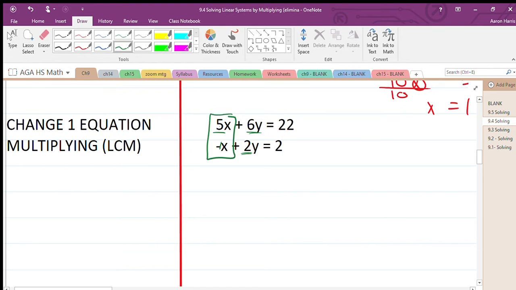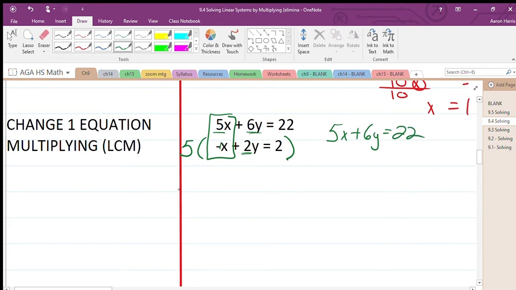If I'm going to eliminate x, I need to multiply this whole bottom equation by what number? 5. Remember, laws of equality. What I do to the left side, I better do to the right side, okay? So let's rewrite this. I have 5x plus 6y equals 22. Nothing changed about that.